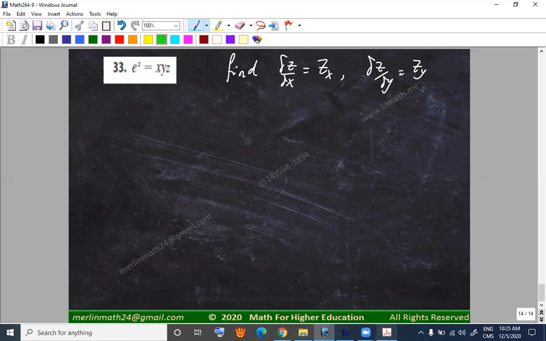They say use equation 7. So I want to build your function. I don't see a function, right? So you take it either left or right. This is easy. You say F(x,y,z) is the log of e^z minus xyz. Do you agree? Yes. Use equation 7. It means how much would be Z_X now? Equal minus.